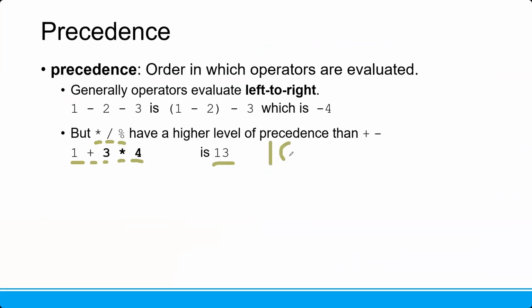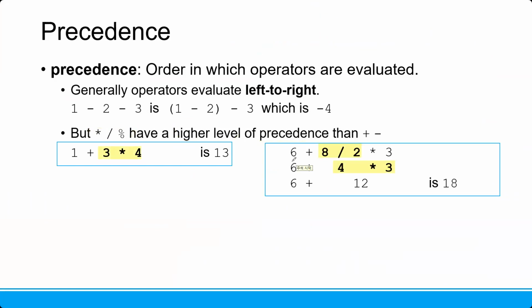Why is it not 16? Because in the computer, they have levels. Multiply, division, and remainder have a higher level of precedence. So the computer will do 3 multiplied by 4 first, and then the addition. So the result is 13.